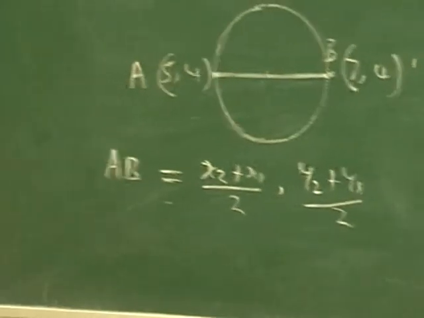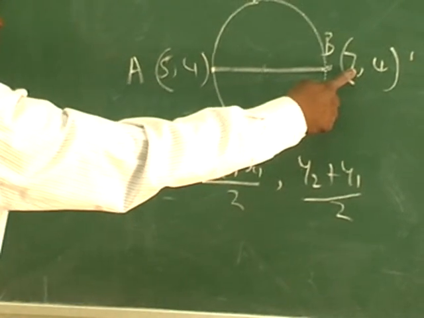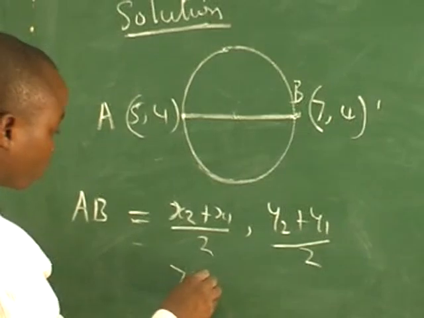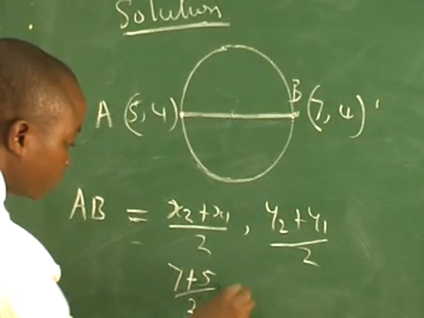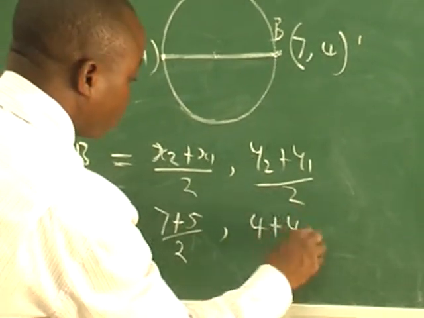So here we have x2, x2 is this, and we have x1. So we will have 7 plus 5 divided by 2, and then the coordinate of this one, which is 4 plus 4 divided by 2.